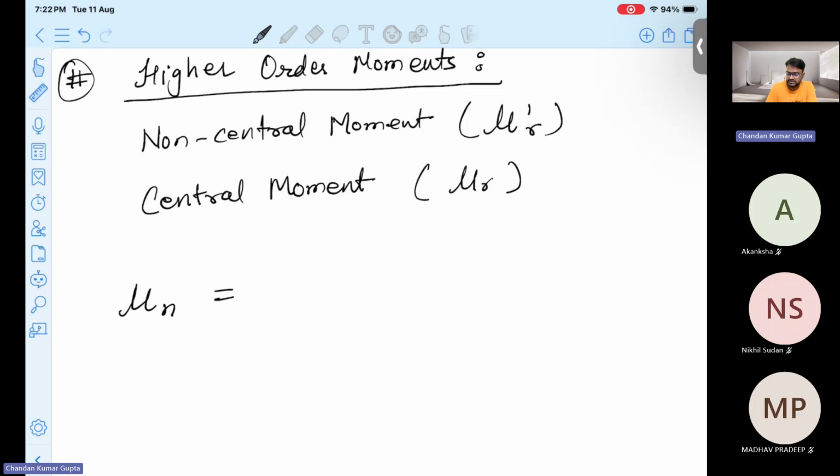The rth order central moment is the expected value of x minus expectation of x, to the power r.